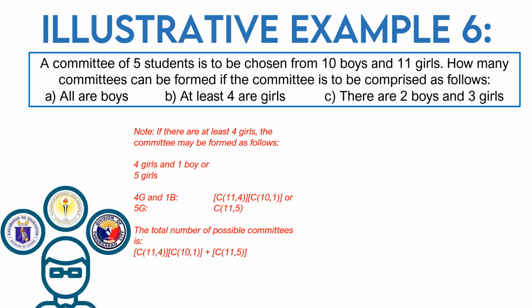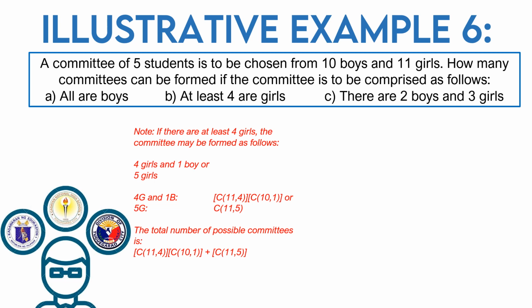So in the first option, 4 girls and 1 boy, the number of ways to form that would be combination of 11 taken 4 at a time. Why is that so? Because the 4 girls must be taken from the 11 girl students. And the 1 boy that is also a member of the committee must be taken from the list of 10 boys.